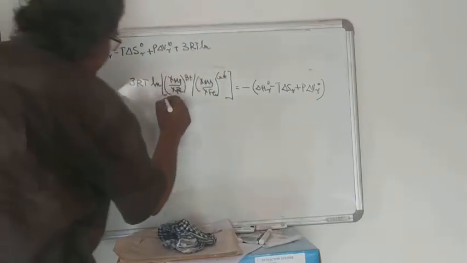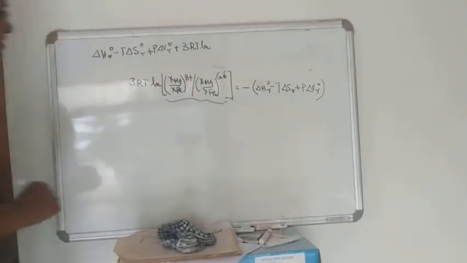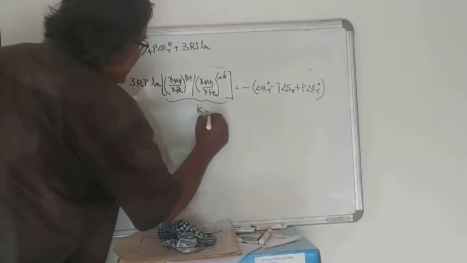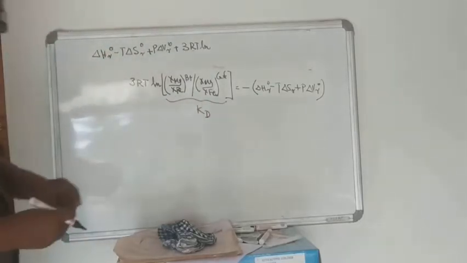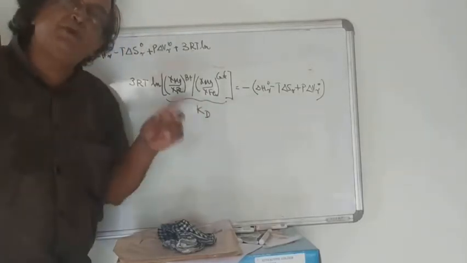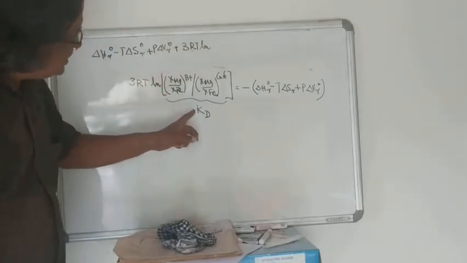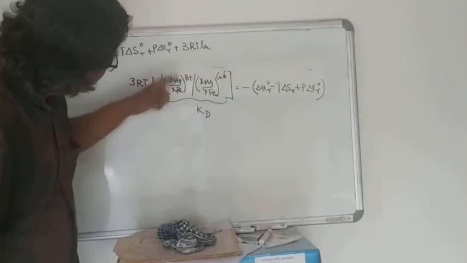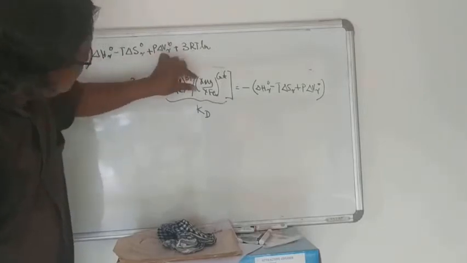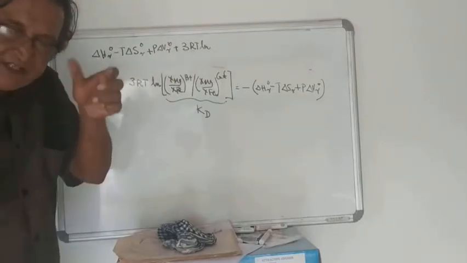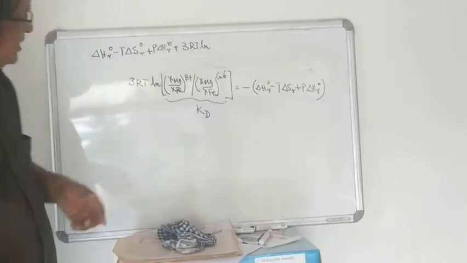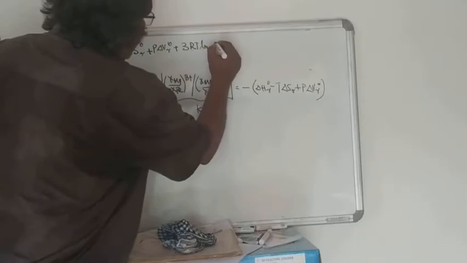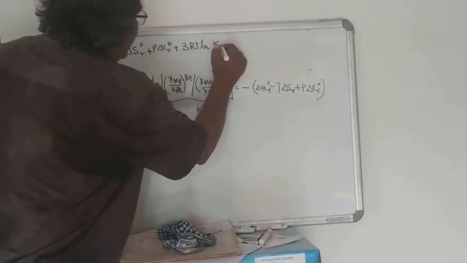Now this term here, I will refer to as KD, where D stands for distribution coefficient. Sometimes it is also called the partition coefficient. That means this term dictates how Mg and Fe in the two sides will exchange depending upon the pressure temperature condition. So instead of writing this term, we can write RT ln KD.